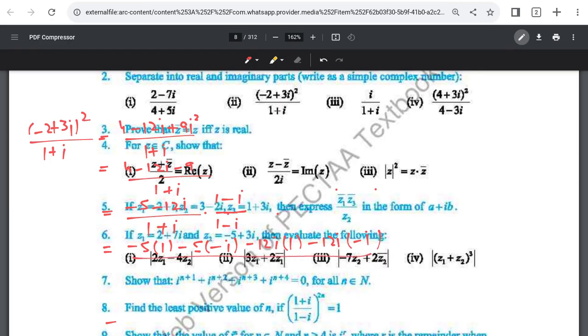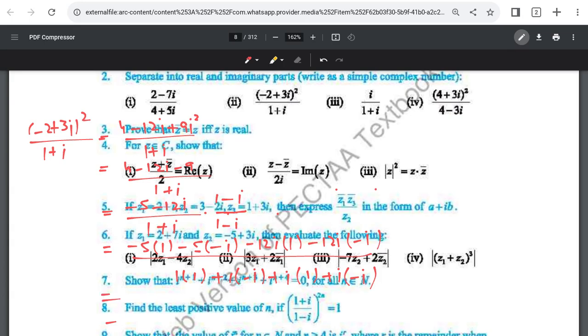Okay, then we have 1 into 1, then 1 into minus iota, then we have iota into 1, then plus iota into minus iota.